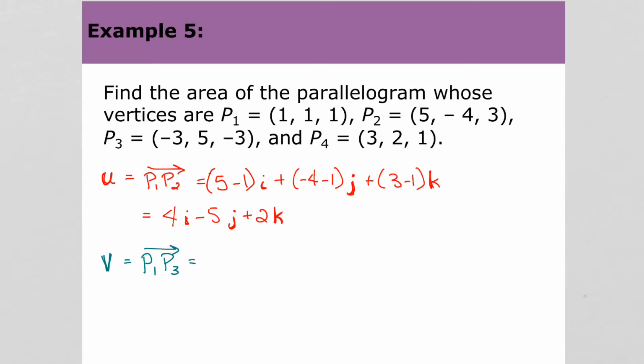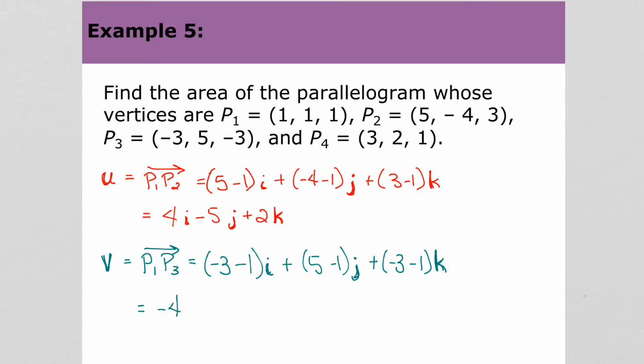Then P1 to P3, that would be negative 3 minus 1, i, plus 5 minus 1, j, plus negative 3 minus 1, k.